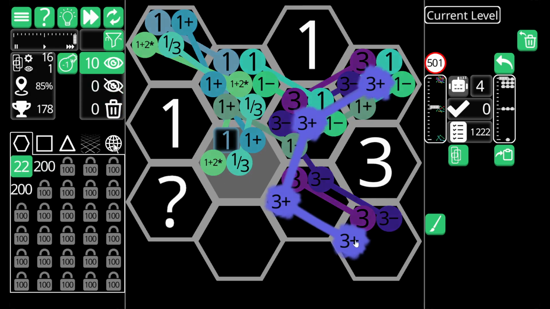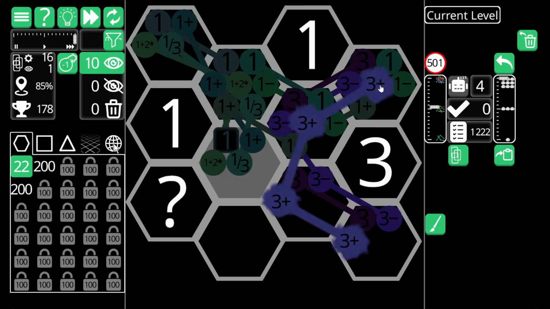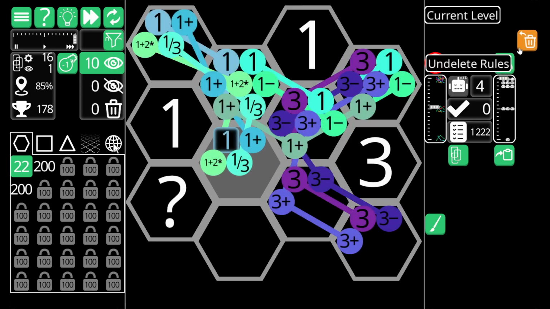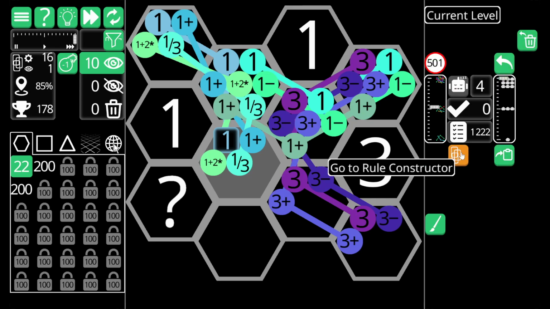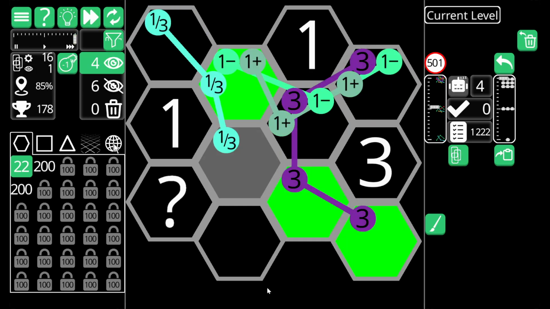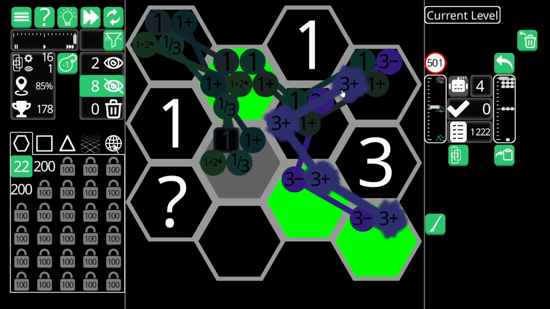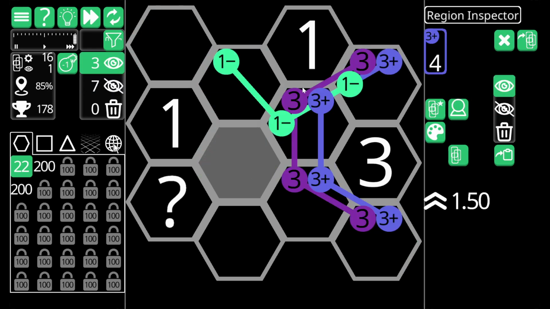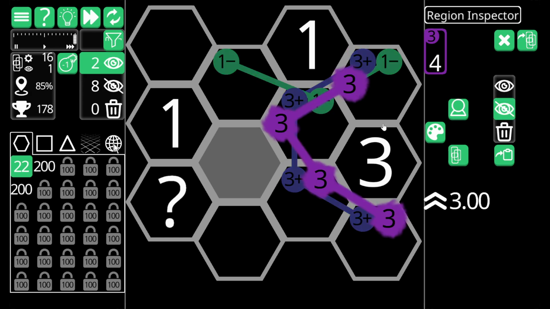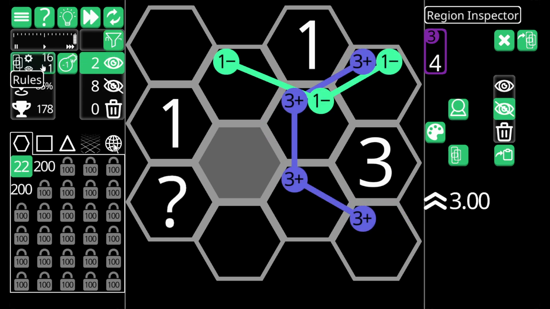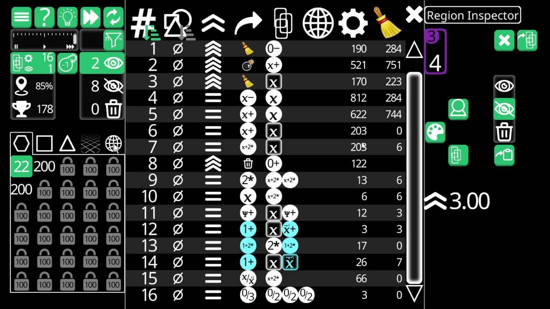Oh, it's this level. I broke my solution to this level by editing some rule? That's interesting. Huh. How did I do that? I don't remember editing a rule that would care about this.